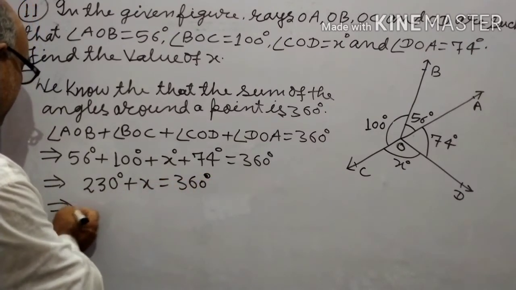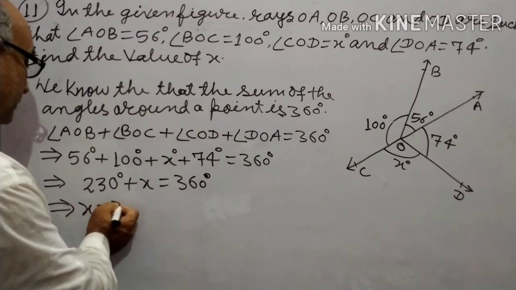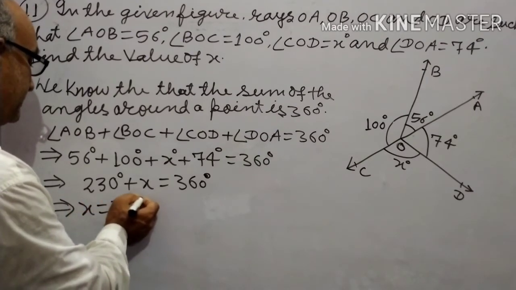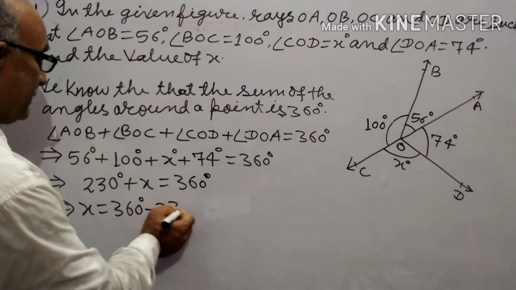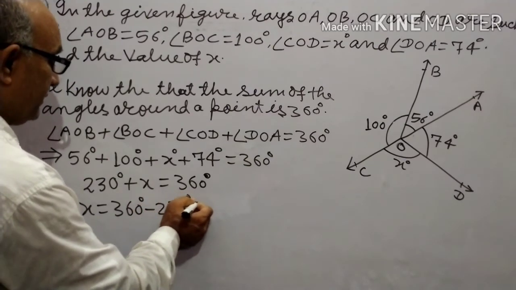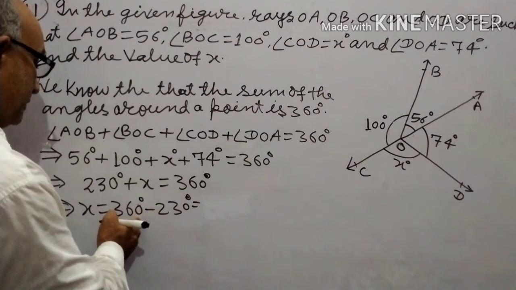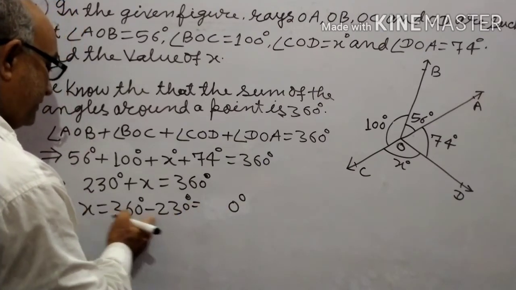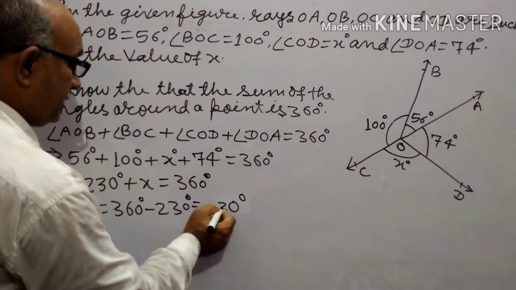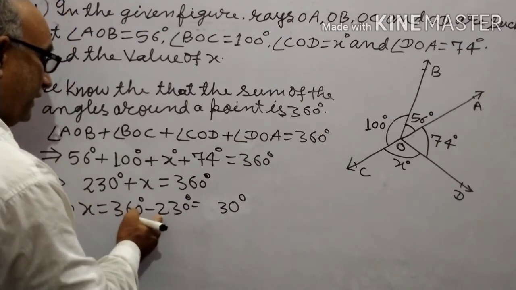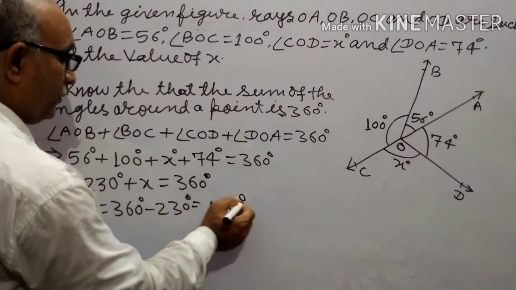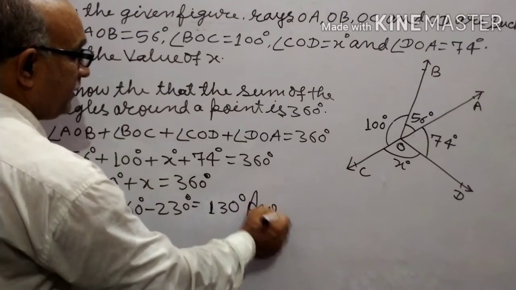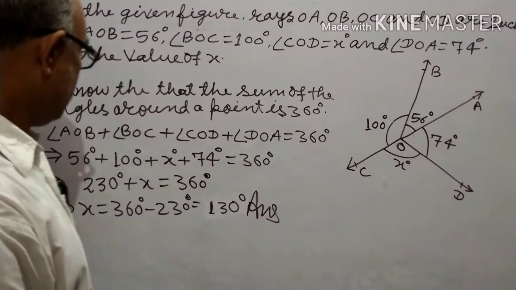Next step is x equal to 360 degree minus 230 degree. 0 minus 0, 0 degree, 6 minus 3, 3 and 3 minus 2, 1. 130 degree is the value of x.